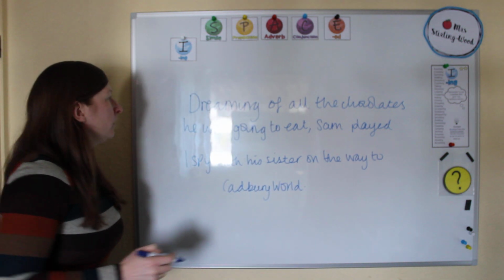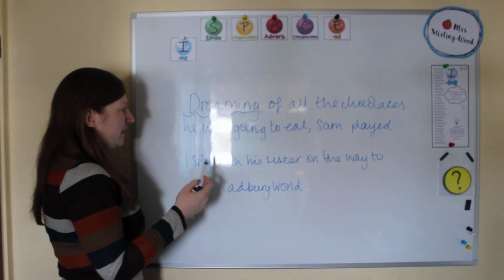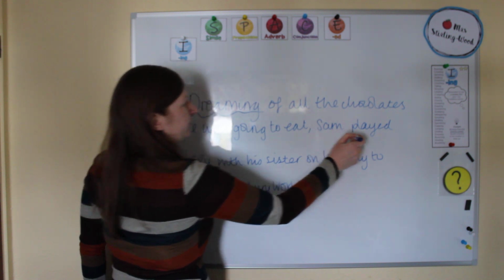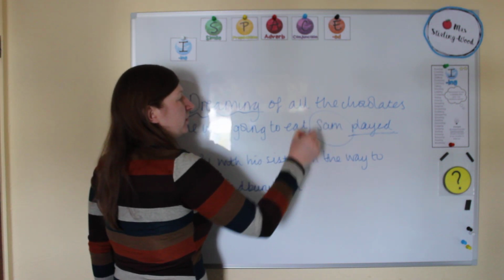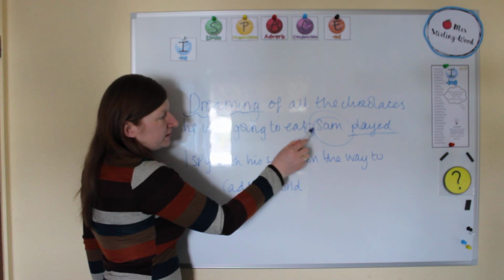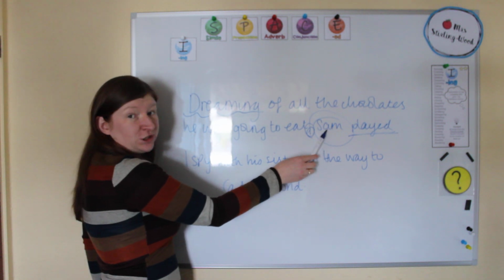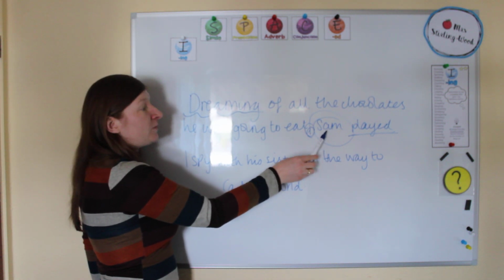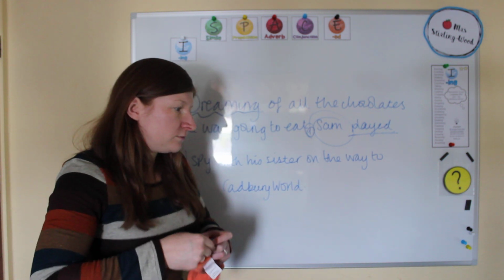Lucky Sam. So Sam is dreaming of all this chocolate he's going to eat, and at the same time he's playing a game with his sister. So two actions being led by the same person. And we can see that the fronted adverbial happens, followed by our comma. We always need a comma there. And then the person mentioned here, the subject of the sentence, is the person doing the first action and the second action. Okay?